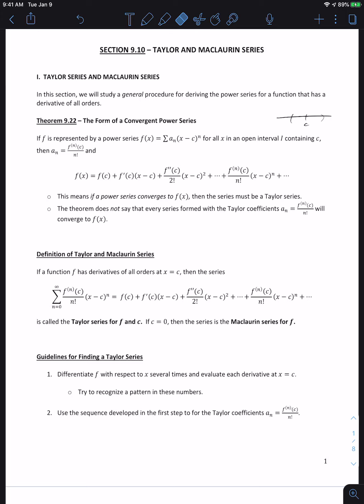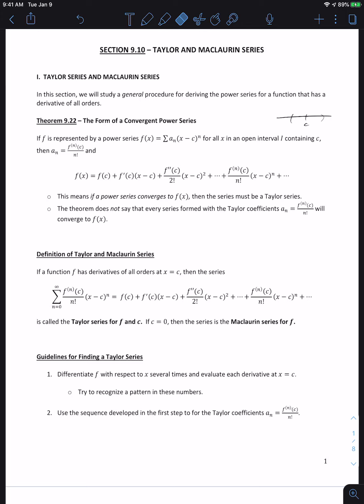That's not what we're going to focus on in this class, but that's just something to keep in mind, right? Just because we create and find this Taylor series, we don't necessarily know that it converges to our function. We would have to show that it converges to our function. But again, that's out of our pay grade.